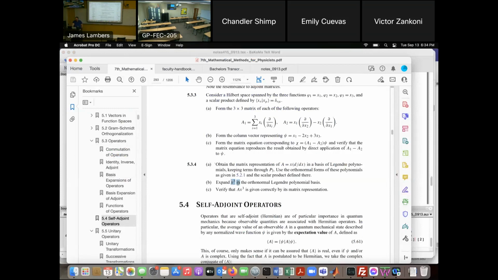Part B, so you're going to take a scalar product of x cubed with each Legendre polynomial to get a vector of coefficients. So you're expressing x cubed as a linear combination of p0, p1, p2, p3, just by computing the inner products.